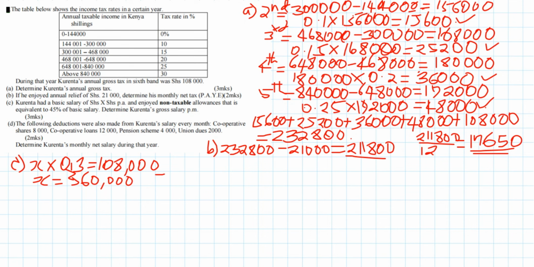So in order to get the total taxable income for Currenta, we add now the 840,000 that we reached when we were in the fifth band, and then we add now with the taxable income in the sixth band, the 360,000. So that now we obtain that Currenta's total taxable income was 1,200,000.